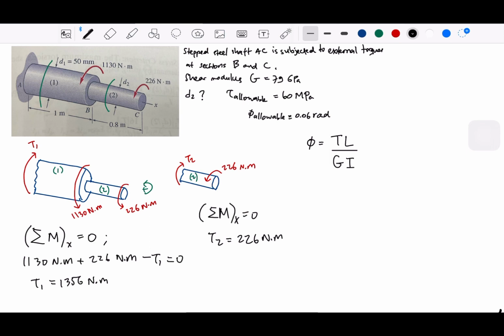This is pretty similar to the elongations. The elongations you have FL over AE, right? So L is the same length, force is now torque, modulus of elasticity is now shear modulus, the area is now the inertia.